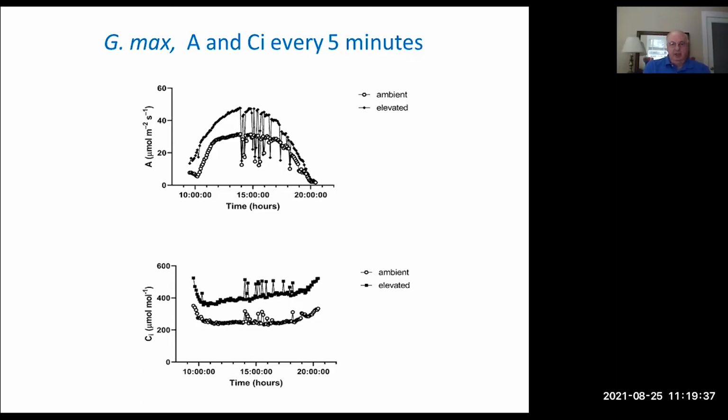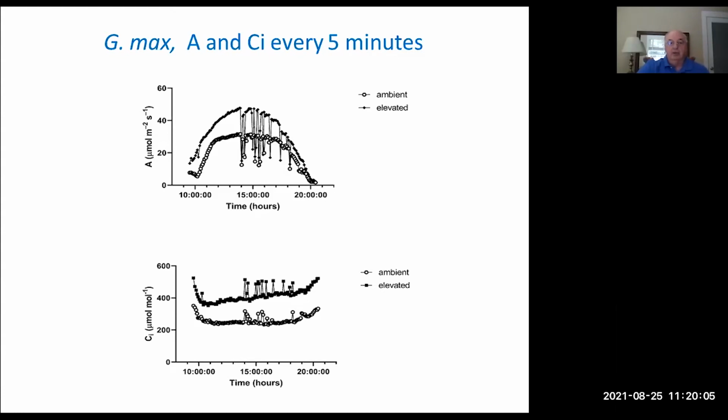And then you can see again, with the clouds going through, you get brief periods where the Ci's jump up as the stomata don't have time to react to the sudden decrease in light. So assimilation rate crashes faster than the stomatal conductance. So you get these bumps in Ci. So all those Ci values are important for the data analysis.